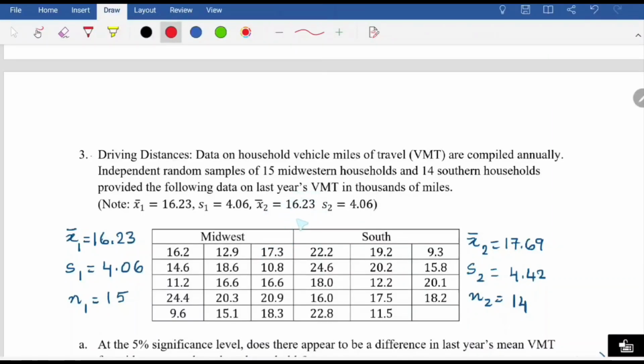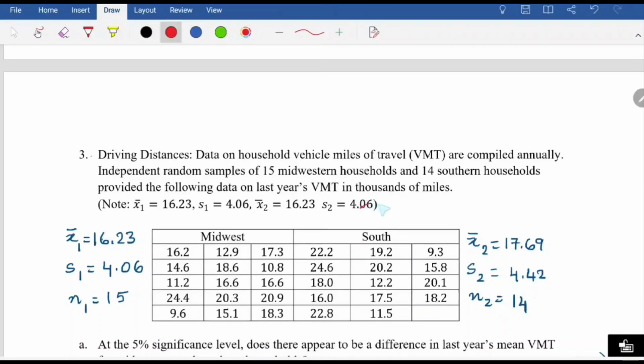And then the sample mean from the South, the second population, is 16.23, and S sub 2. Now S sub 2 and S sub 1 are exactly the same, so I'm going to change that to 4.42.